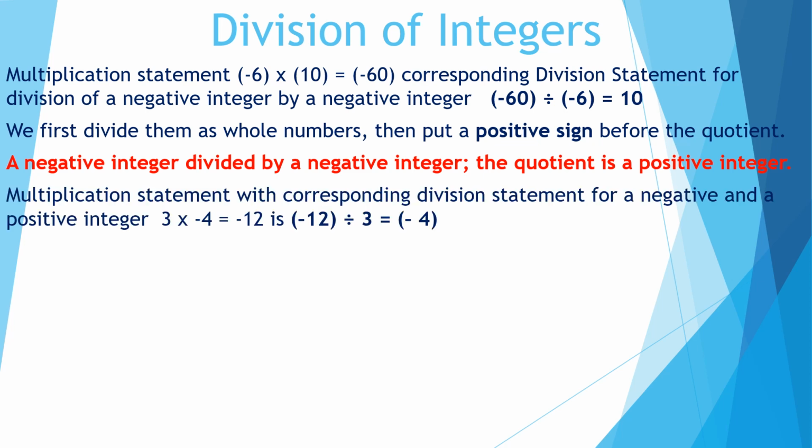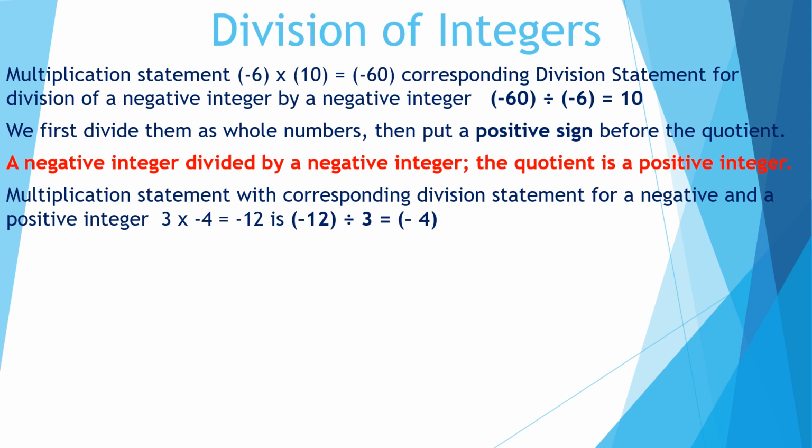Now multiplication statement with corresponding division statement for a negative and a positive integer. Now 3 multiplied by negative 4 is equal to minus 12. Let us consider a negative integer minus 12 divided by a positive integer 3.